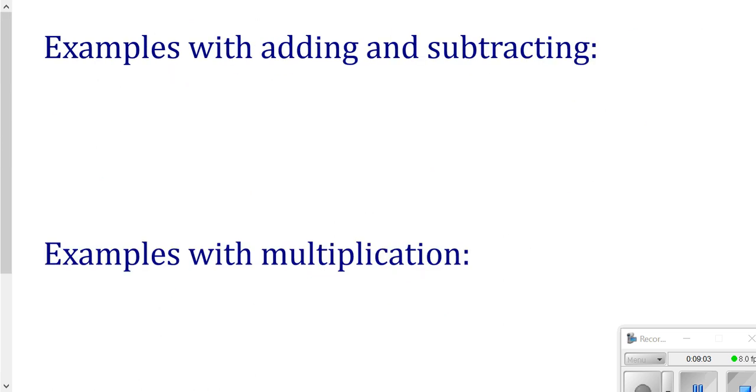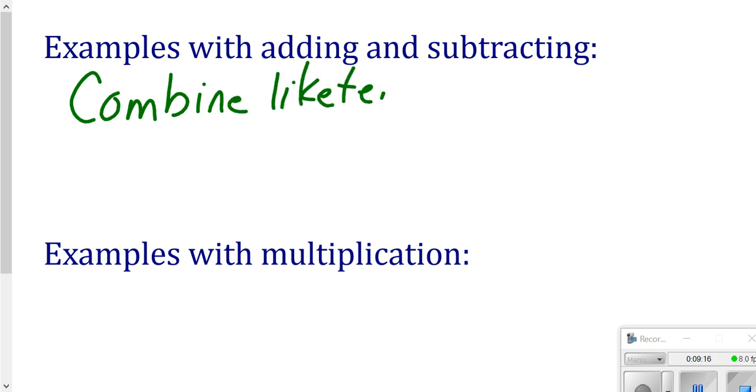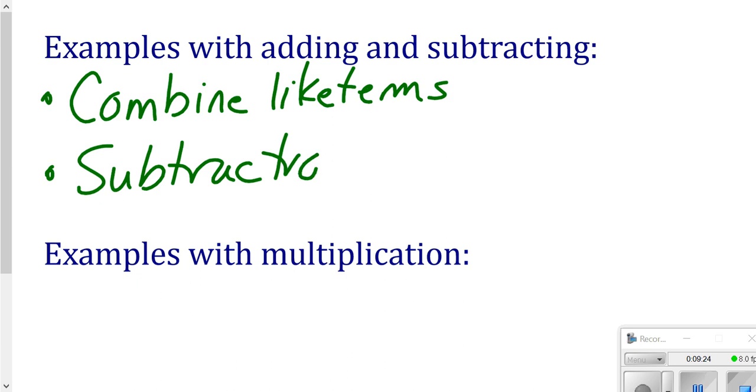All right, so when we do have polynomials, adding and subtracting is just combining like terms. And something that is useful in terms of combining like terms is if you have subtraction, I would recommend that you change that to adding opposites.